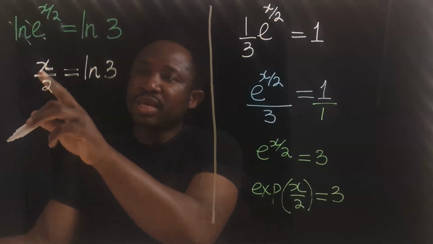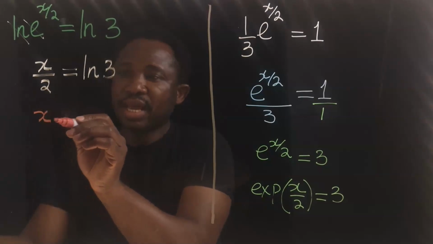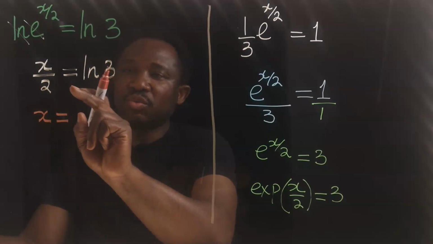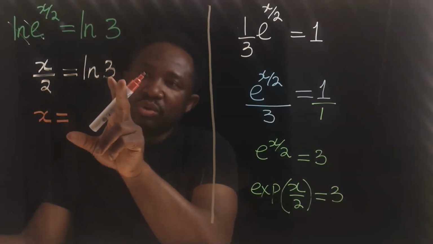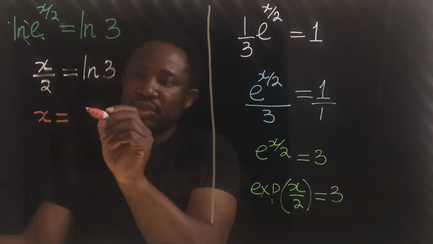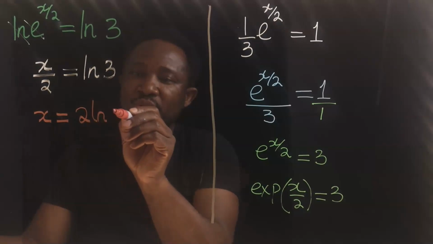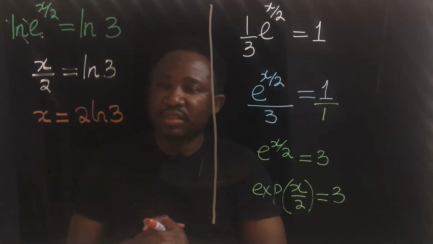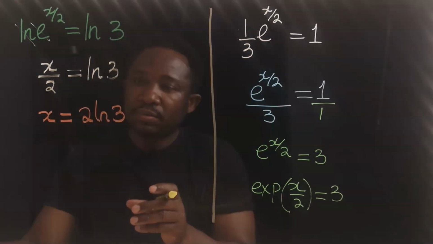Our aim is to make x the subject, and I'm going to have that x is, this 2 will move across the equal sign, and because it's dividing across the equal sign, it will multiply. It's going to be 2 multiplied by the natural log of 3. We have succeeded to make x the subject, and this becomes our answer.